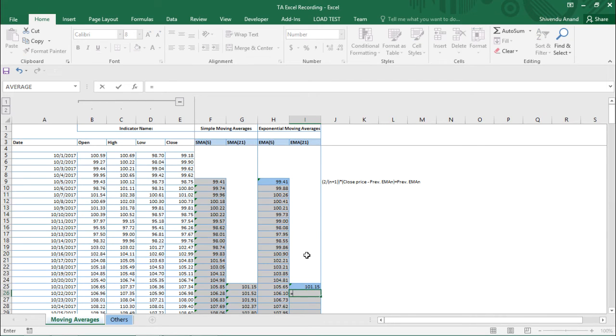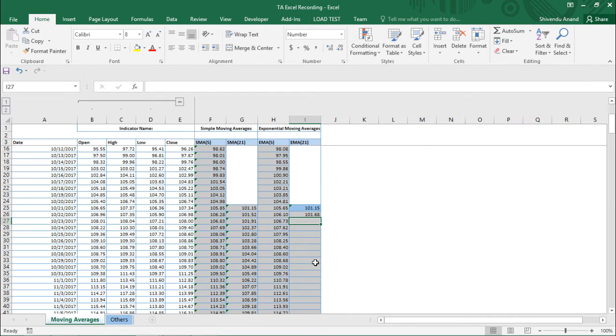We say is equal to, now n is 21 here, so we'll say bracket open 2 divided by 22. Since we are saying n plus 1, 21 plus 1 is 22, bracket close, multiplied by bracket open close price, which is basically 106.98, minus your previous EMA, which is 101.15, bracket close, plus previous EMA, which is your 101.15, and we press enter, we get 101.68.